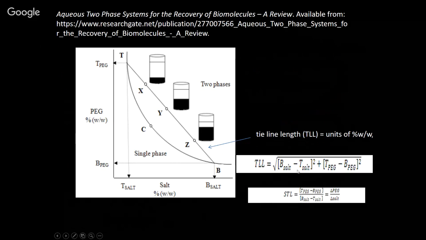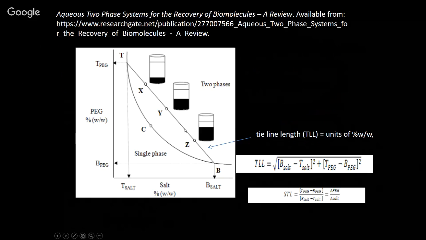This is the equation of a straight line length. The slope of the tie line is given by (T PEG minus B PEG) divided by (B salt minus T salt). So we have both the length and the slope from these relationships.